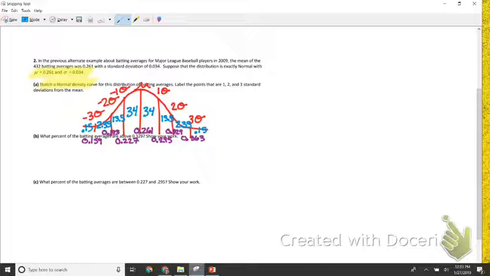So whenever I do any question asking me to estimate a certain amount within this normal curve, I start by drawing this picture every single time. Then I go back and look at the question.